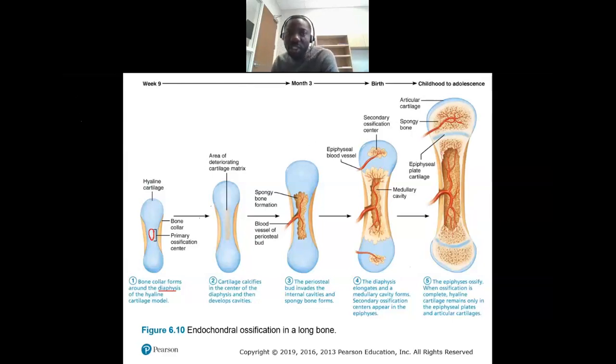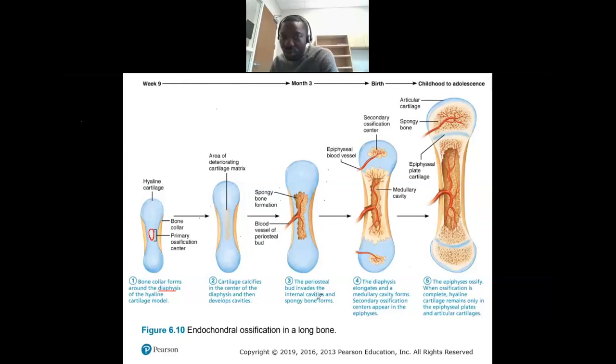Now, the whole of this process, I told you, starts right after week 8, so that's about week 9 or thereabouts. Now, the next thing you see is that spongy bone begins to form. Then I told you that the periosteal bud will be formed as well, how the blood vessels change the perichondrium to periosteum. We talked about that earlier.